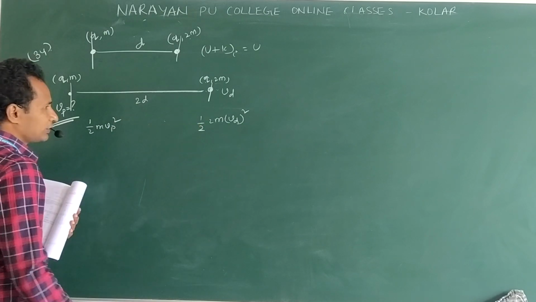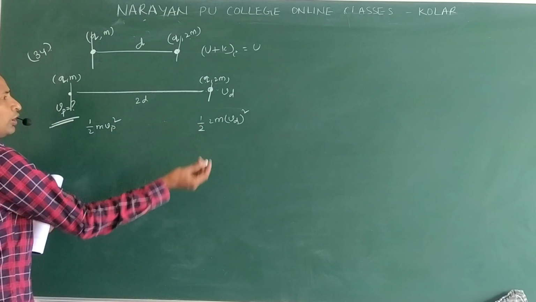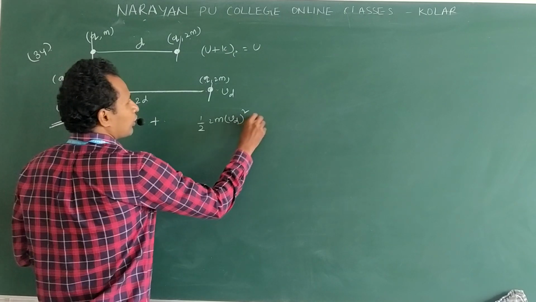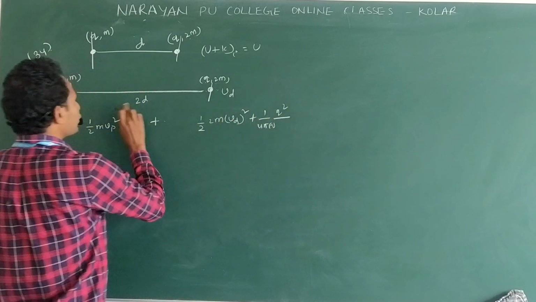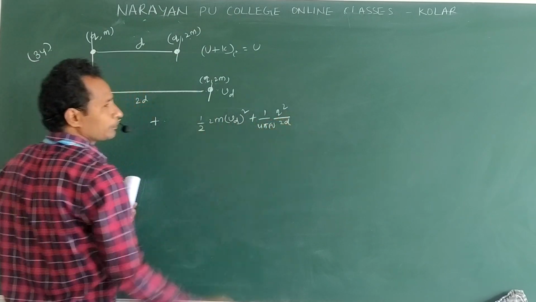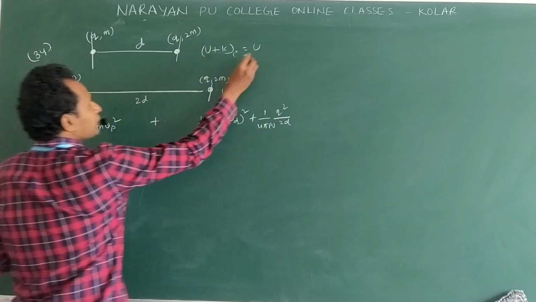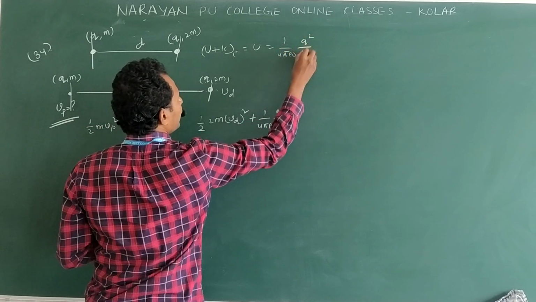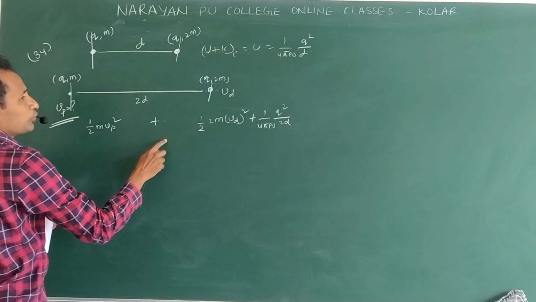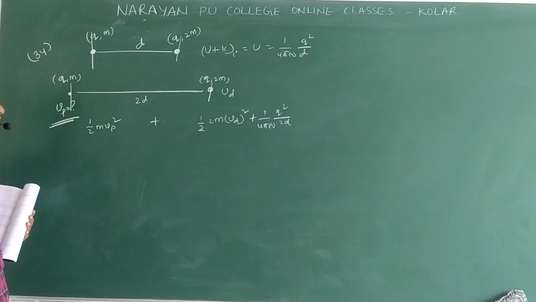Both kinetic energies. Next, plus potential energy 1 by 4 pi epsilon naught Q square by, what is the distance between them? 2d. Initially, potential energy is 1 by 4 pi epsilon naught Q square by d. These two equate, then you will get the answer.